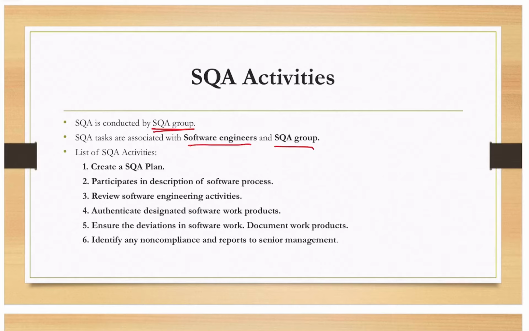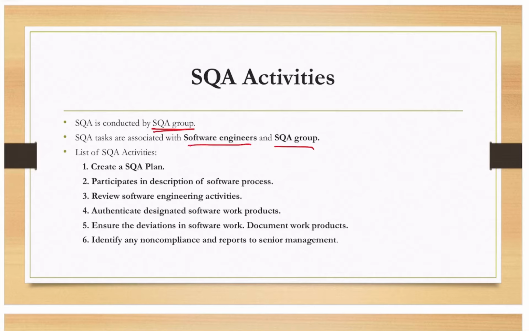Now, the list of SQA activities. First, create an SQA plan. An SQA plan is developed while planning the project. Quality assurance activities indicated in this plan are conducted. This plan identifies the evaluations to be performed: audits, reviews, checks, error reporting, and tracking of software.